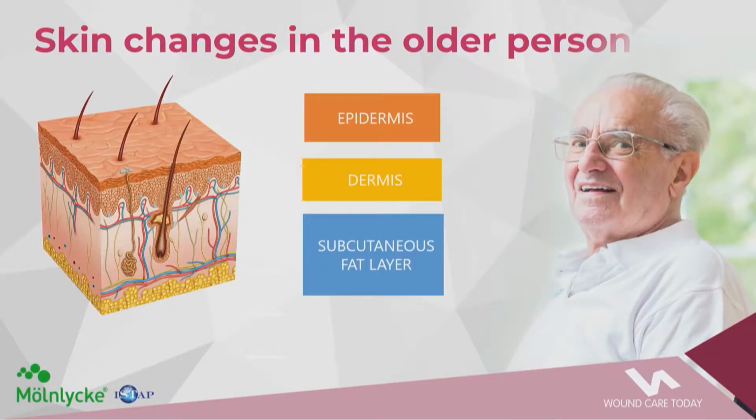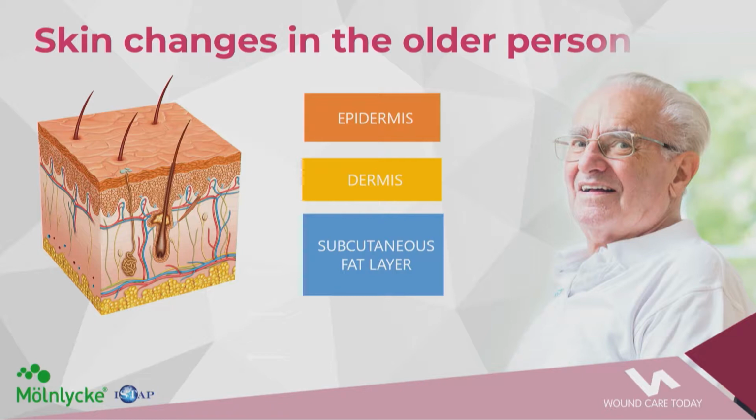So what happens to elderly skin that makes it more vulnerable to damage? Well, like most things as we age, the skin, the largest organ of the body, that changes too. So the layers of the skin haven't changed, the epidermis, the dermis and the subcutaneous fatty layer. But what happens to them? Well, the epidermis, the top layer of the skin that's visible to the naked eye, that becomes a lot thinner.